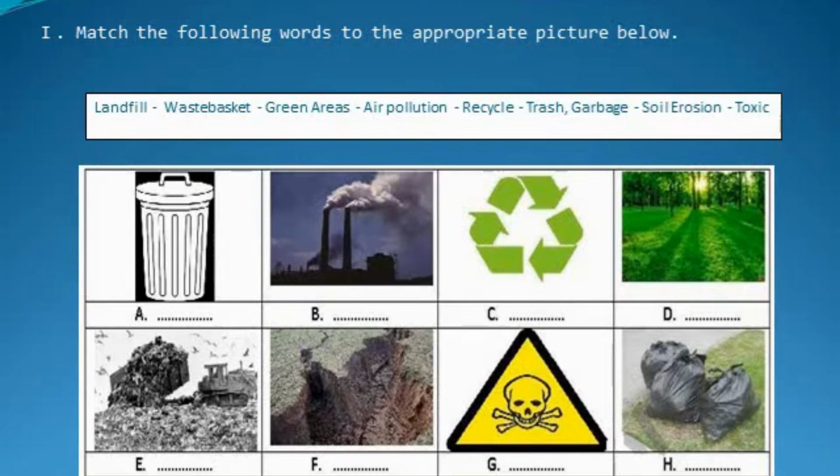Picture E is landfill. You can see here there is a lot of garbage. Next picture is soil erosion. This sign is toxic, of course. And the last one is trash or garbage.